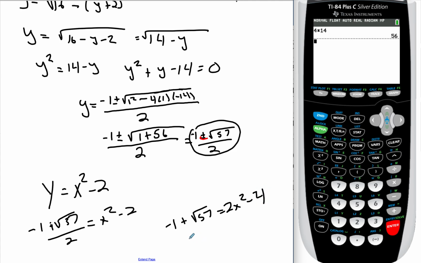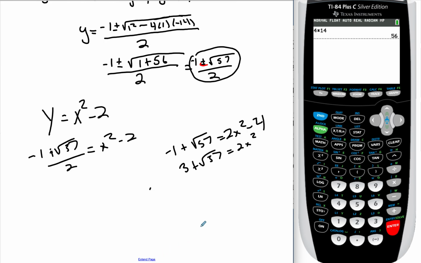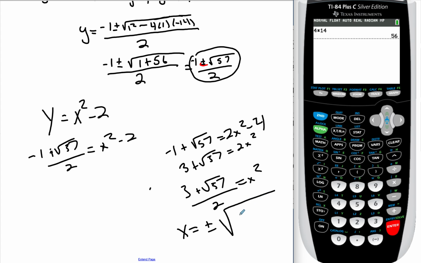I'll add 4 on both sides, I get 5 plus root 57 equals 2x squared. So 5 plus root 57 over 2 equals x squared. So x equals plus or minus the square root of 5 plus root 57 over 2.